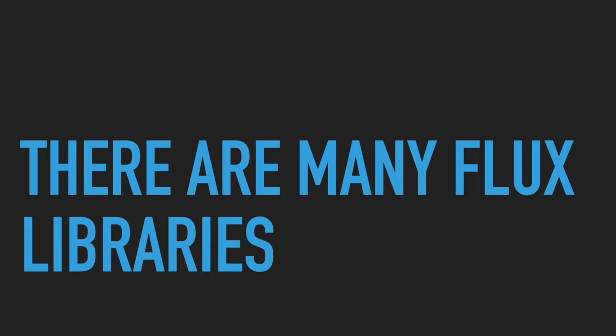So there are many Flux libraries, and there's been this great flowering of these libraries, and all of the developers who've come up with them are trying to search for the one true way to implement Flux to make their applications the simplest that they possibly can.